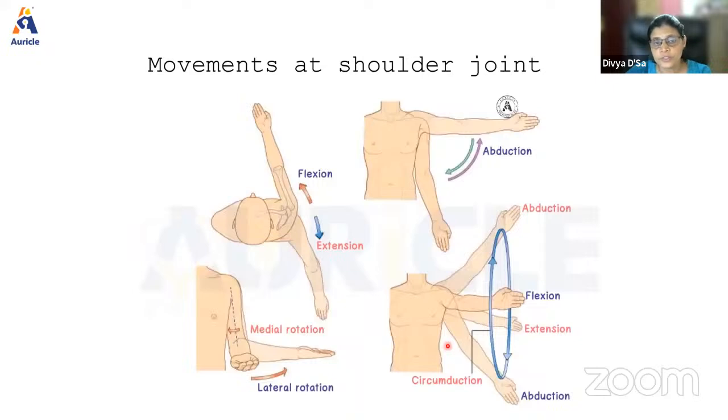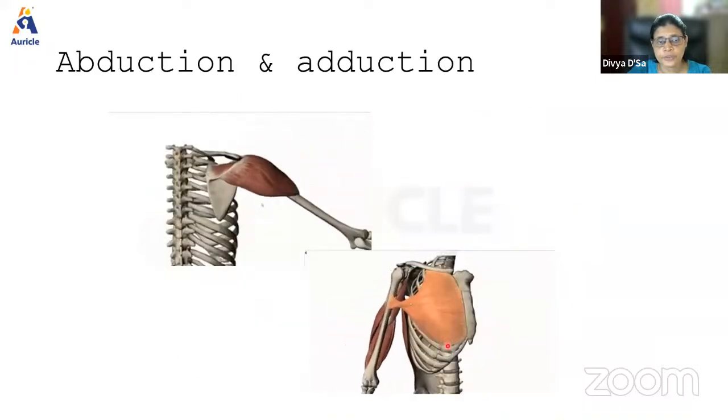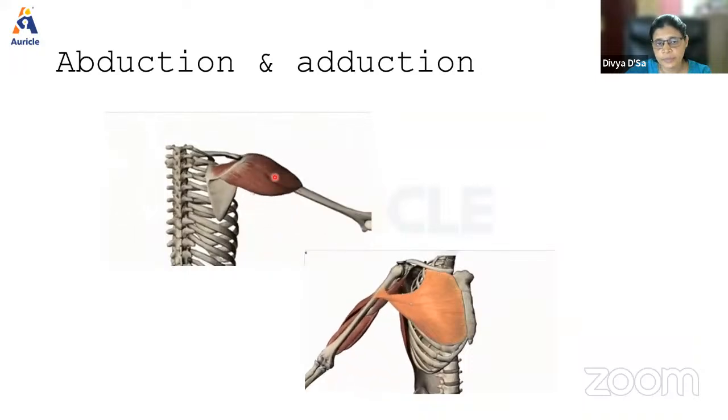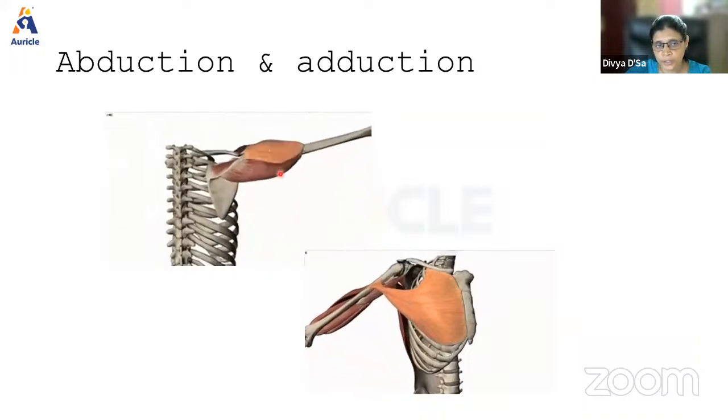Movements of the joint. The shoulder joint allows for flexion, extension, abduction, adduction, medial and lateral rotation, as well as circumduction. All the movements take place at different axes around the shoulder joint. Abduction is mainly up to 90 degrees, brought about by the deltoid.